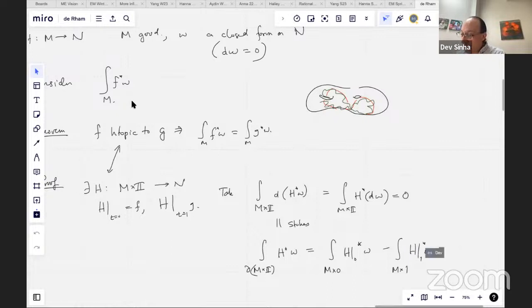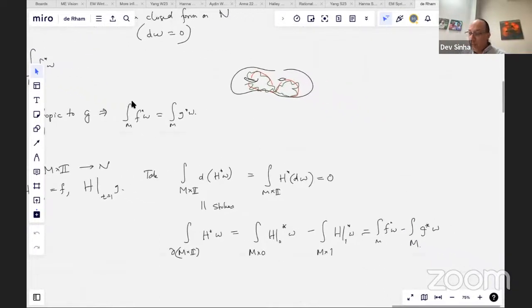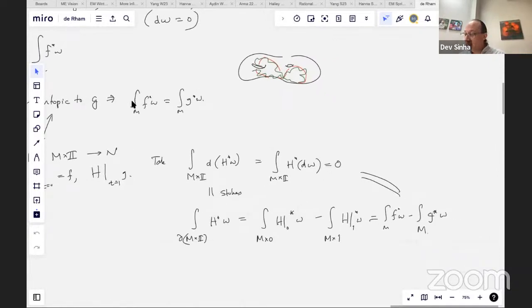And that is just what we're looking at, the integral of F upper star omega over M minus the integral of G upper star omega over M. And we're saying that that's 0, so those two numbers are equal. So it really just comes down to one of the main stars of our show, which is Stokes' theorem. The generalized Stokes' theorem is fundamental to so many arguments in differential forms.